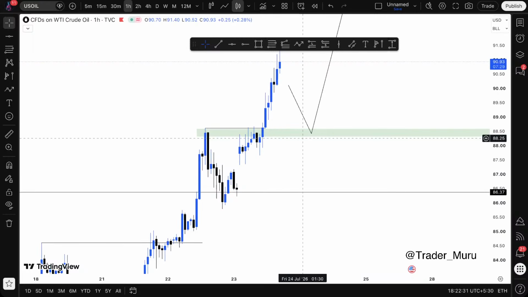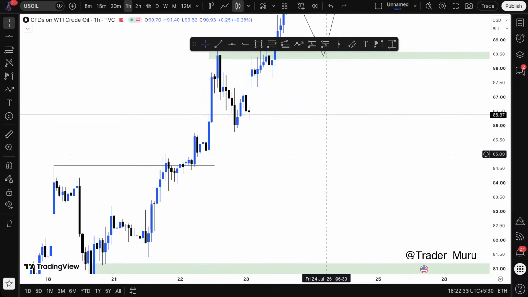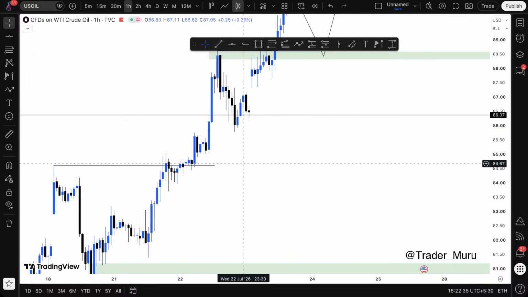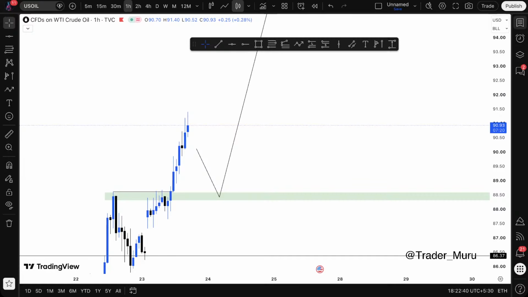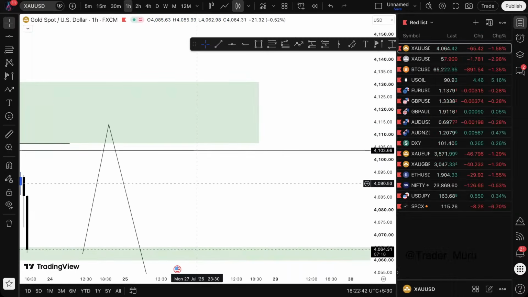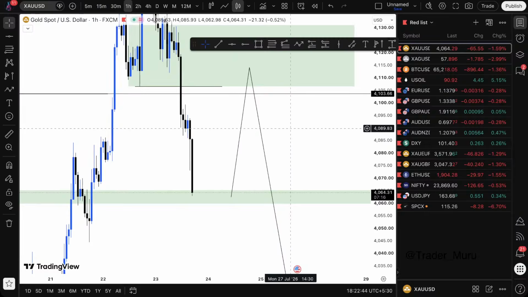And if 1 hour candle closes below here, then wait for sweep and somewhere test near this area again. Price is still here.